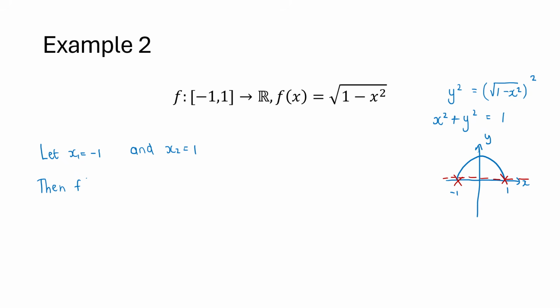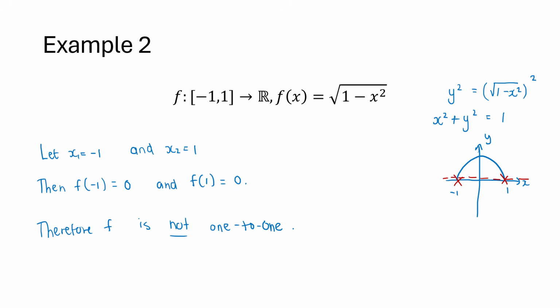Then f at negative 1 is going to give us square root of 1 minus 1, which is 0. And f at 1 gives us exactly the same y value, square root of 1 minus 1, which is 0. So therefore, f is not injective or 1-to-1.